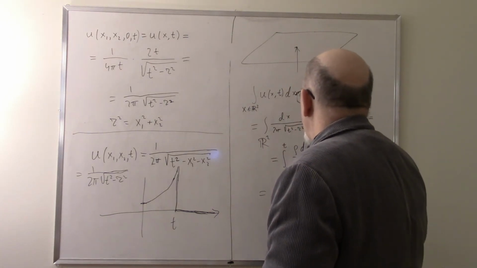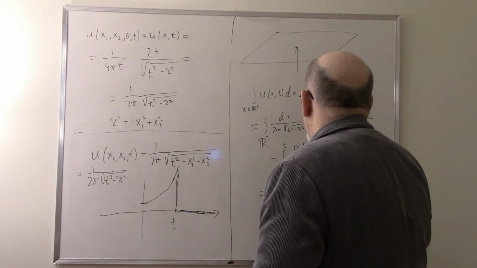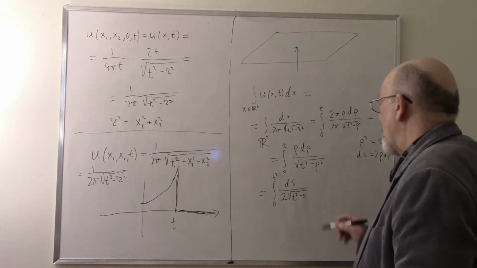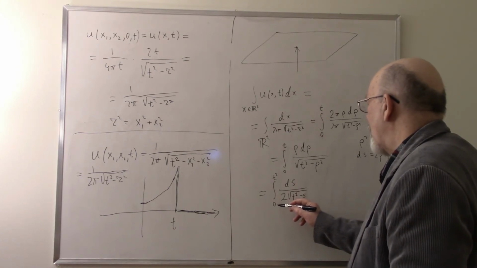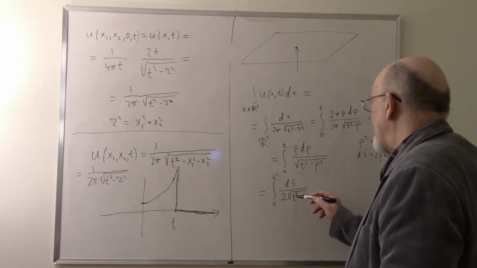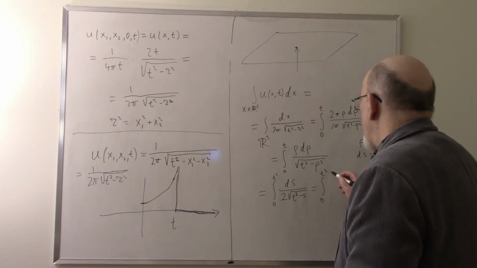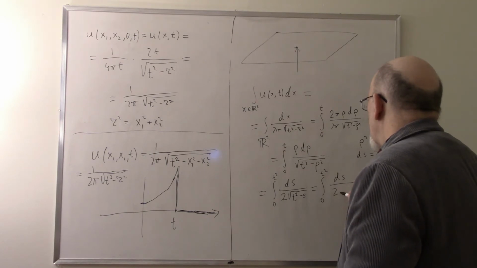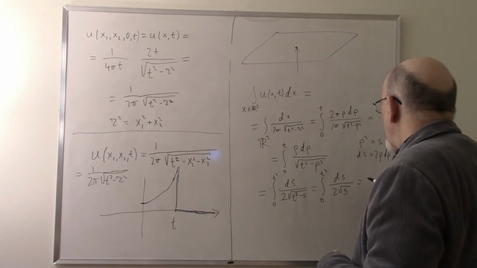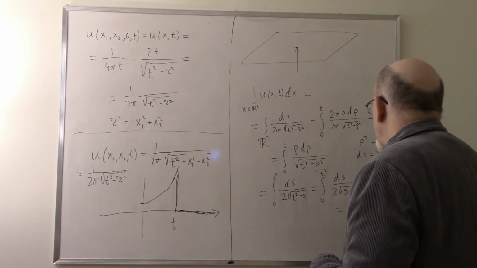So it is equal to the integral of ds divided by 2 square root of t square minus s, from 0 to t square. Substituting, this equals the integral from 0 to t square of ds over 2 square root of s, which equals square root of s from 0 to t square, which equals t.